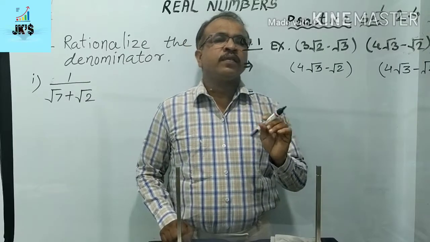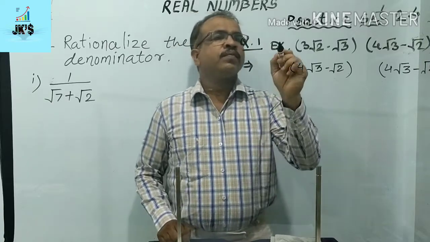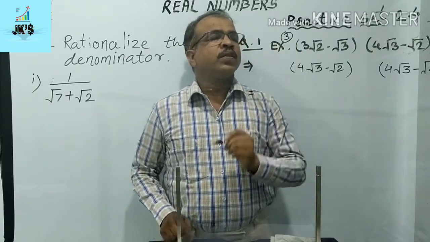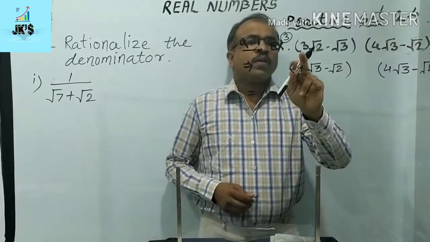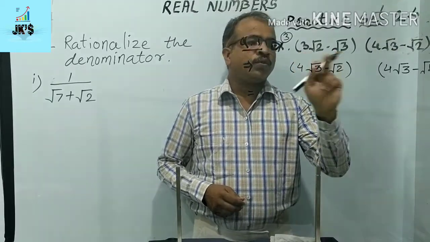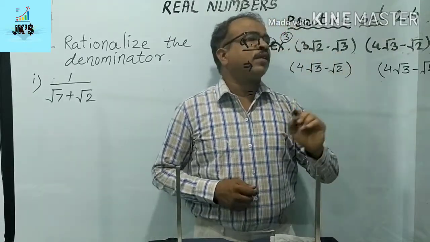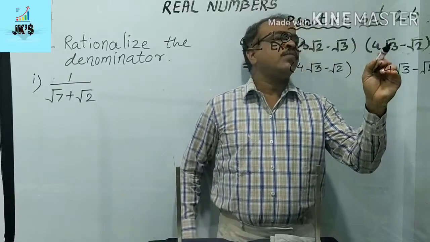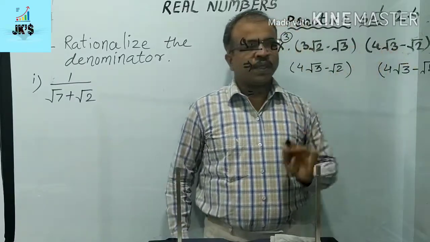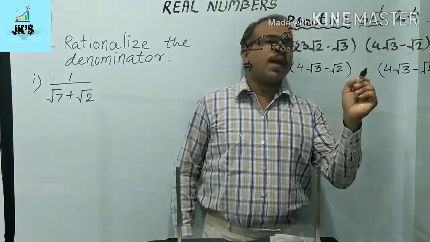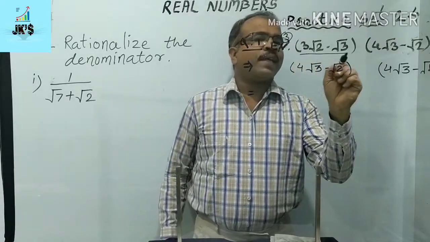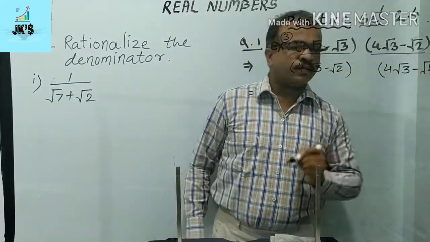Now we take the third example of this question, that is (3√2 − √3)(4√3 − √2). Means we have to multiply both the brackets, this one and this one.